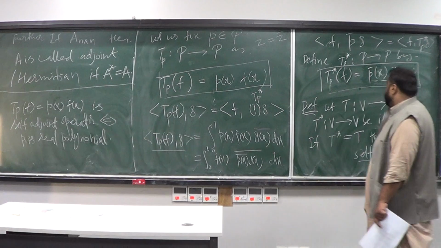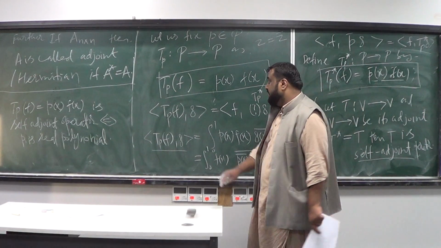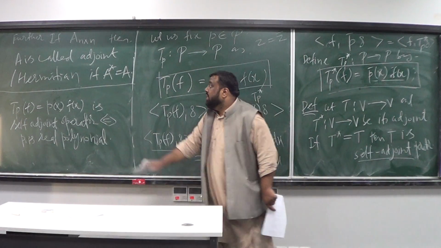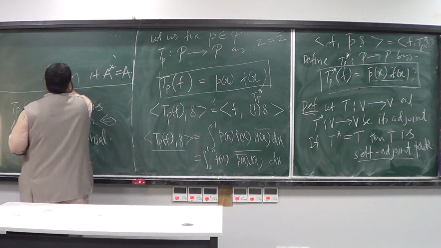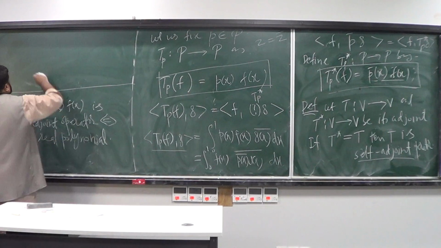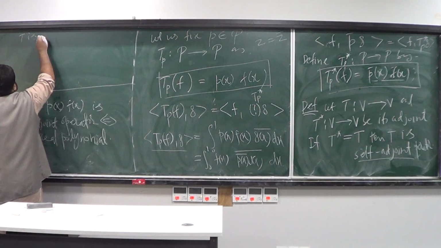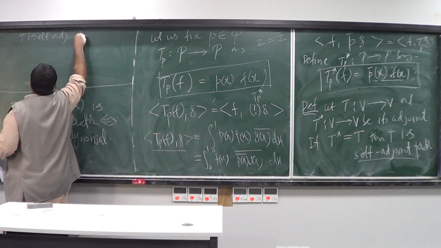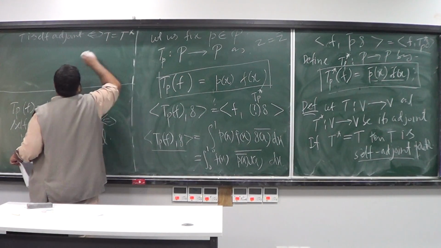By the way, one simple remark is also this, and let me write here. I know that T is self-adjoint if and only if T is equal to T star.